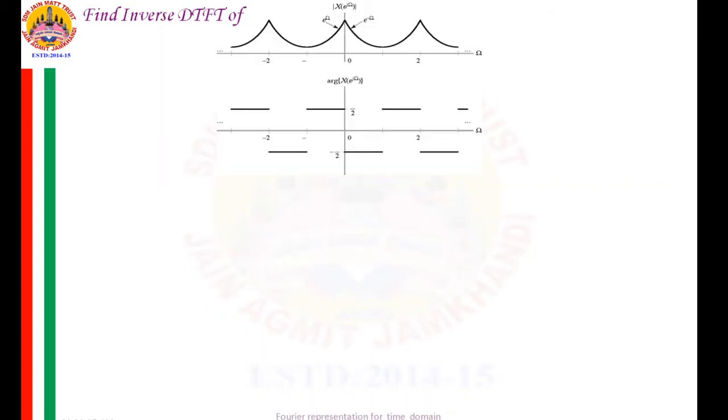Okay. So, now this is a graphical representation of x of e raised to j omega, where the magnitude response and the phase response are given. In this example, which I have taken from the Simon-Haykin text, the minus pi value is not visible here.